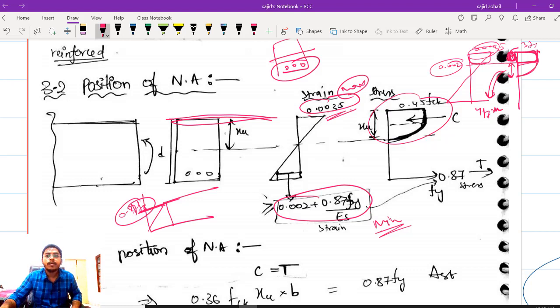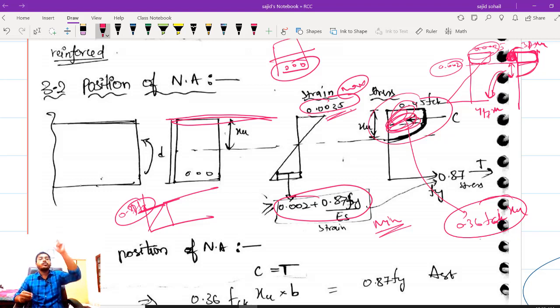The depth being formed here is 3/7 XU. Very clear, right? So once you get your XU, you can find the area of your rectangle and the area of your parabola. But no need, I have told you the combined area: 0.36 fck XU, right? The area of your stress diagram is 0.36 fck XU.